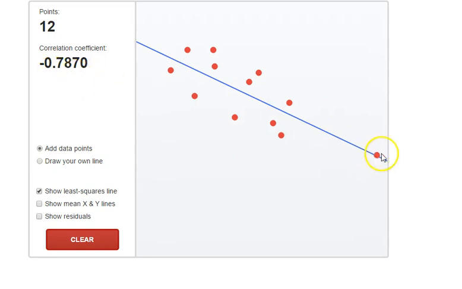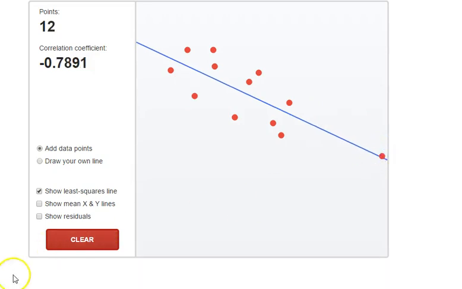Notice here's the correlation. If I remove this, notice the correlation is weakened, but the line does not move at all. That's because this point is already in line with the rest of the data, so it is not an influential point, even though it is far away, even though it has high leverage. It doesn't change anything because it's already in line with the rest of the data.